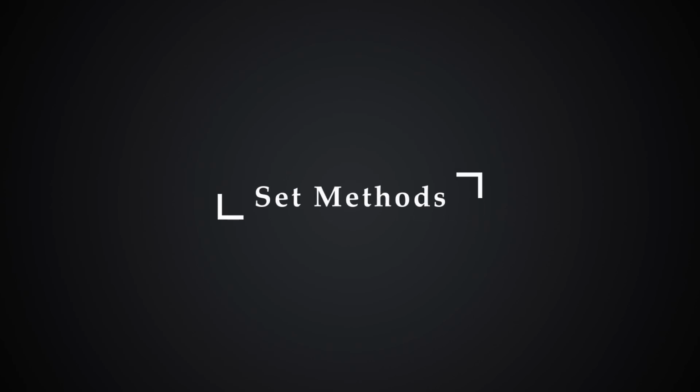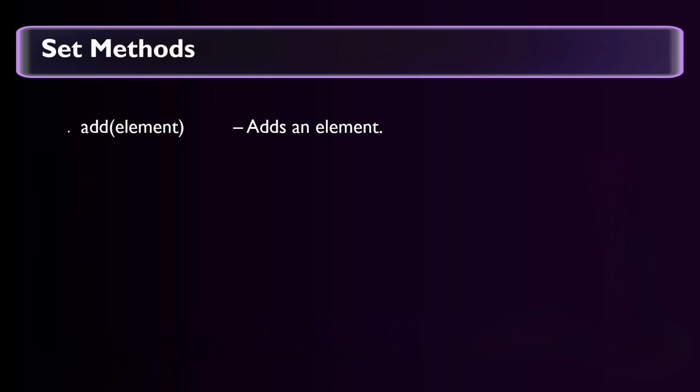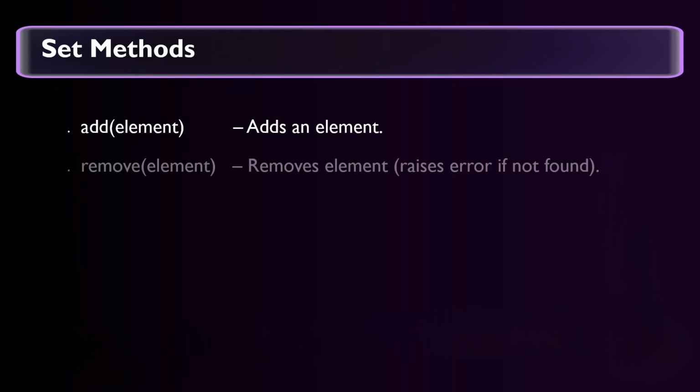Now let us discuss some useful set methods. Python sets come with many built-in methods. Some of them are add, remove, discard, pop, clear, and update. The add method adds an element to the set. The remove method removes element from the set, and it raises error if the element is not present in the set.